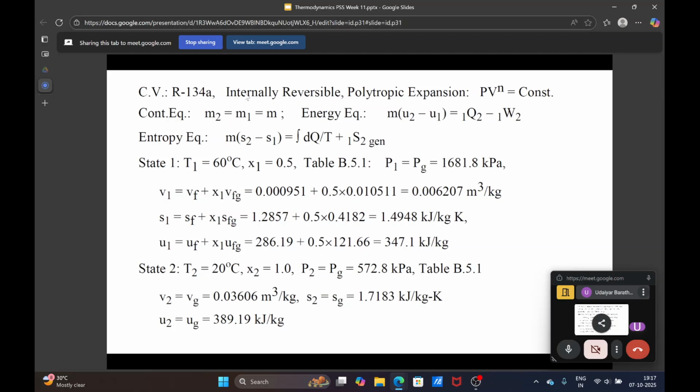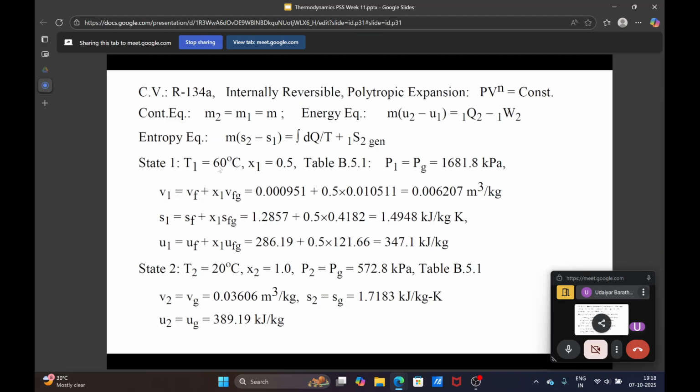So the process which the R134A undergoes is PV raised to power n equals constant, which is the polytropic process. And we know that mass will be same, it's a closed system, and applying first law, the change in energy is Q minus W. In entropy equation, S2 minus S1 equals integral dQ by T plus the entropy generated.